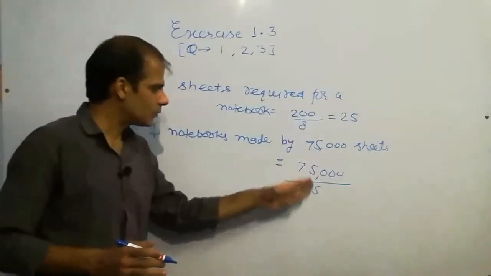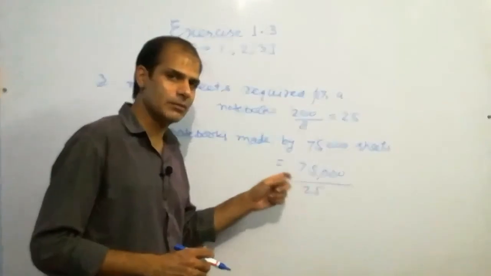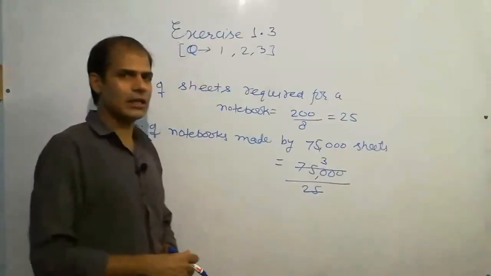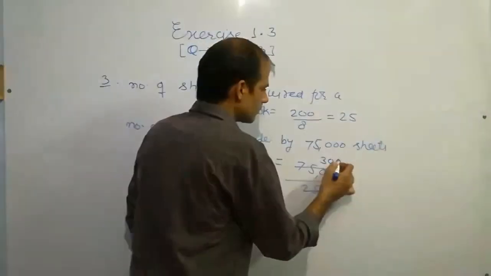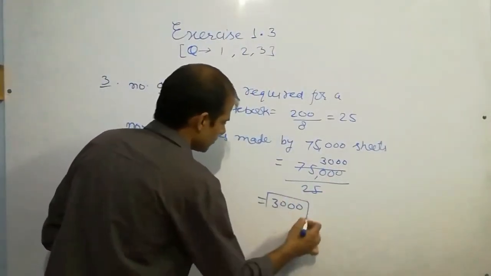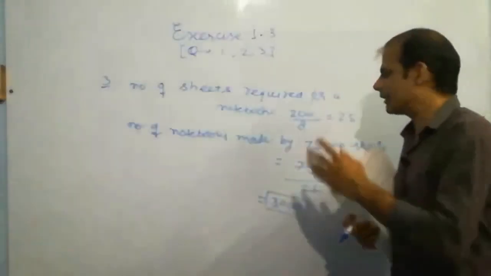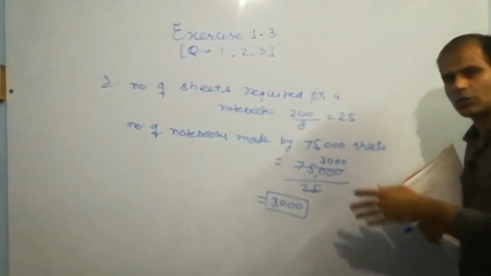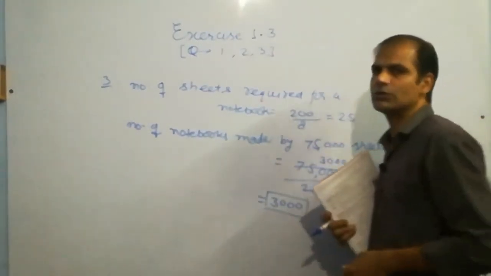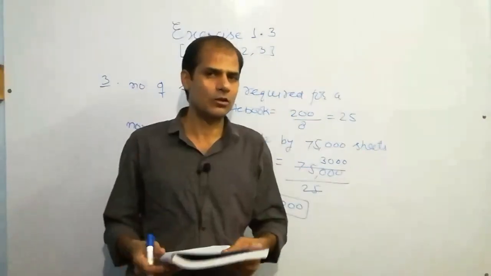So easily you can divide. As you know, 75 is easily divisible by 25. So write 25 threes are 75 and write 3 zeros. So the answer will be 3000. Honestly, see the video again. You can take a screenshot of this video, or you can pause the video and note in your fair copy. Then try to solve the questions in your homework.